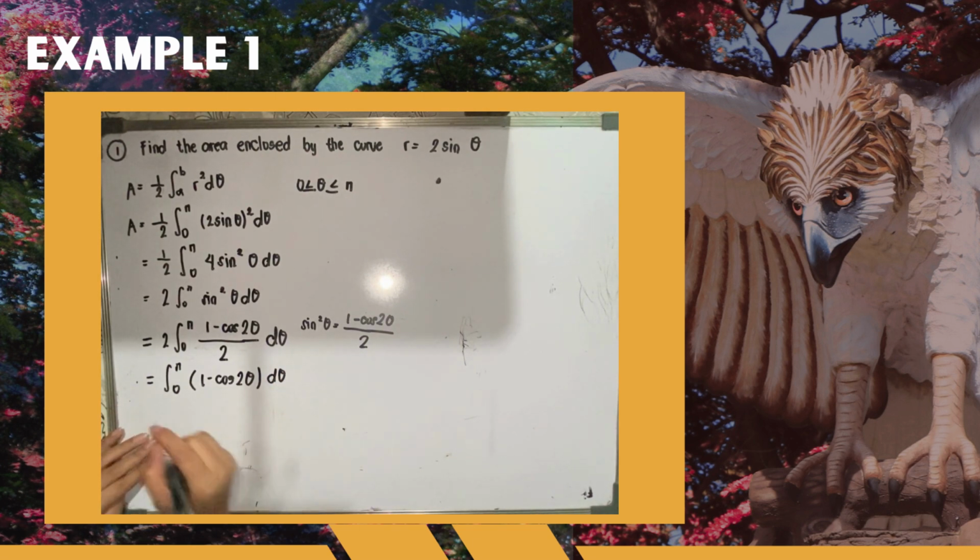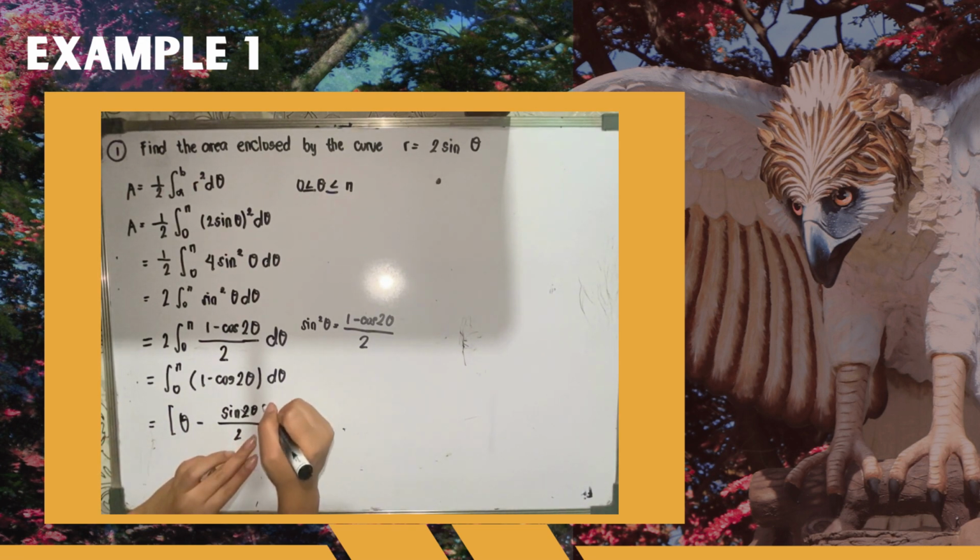Now let's do step 4. We have to integrate. Now apply the integration rule. It will become theta minus sine 2 theta all over 2, from 0 to pi.